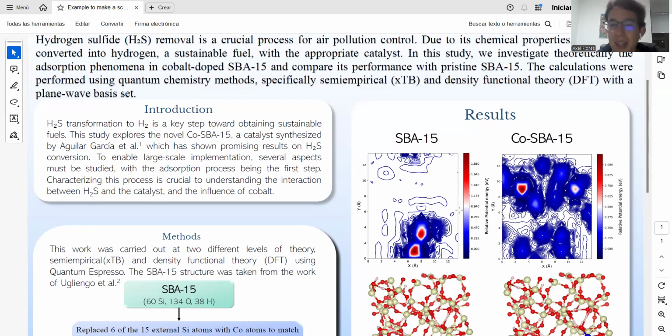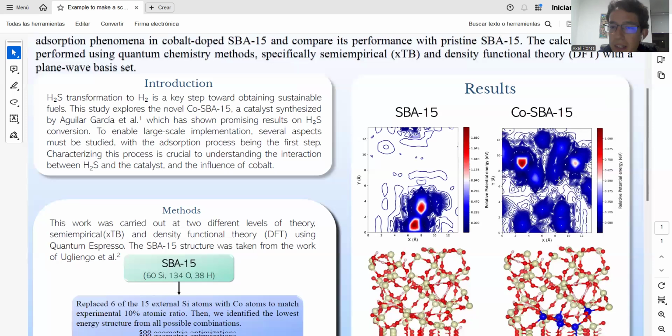The suitable sites for hydrogen sulfide to adsorb are the ones with the lowest energy. And we can see that when we add cobalt, there are a lot of new lowest energy sites that are formed due to cobalt's addition. So this makes the structure more suitable to adsorb the hydrogen sulfide.